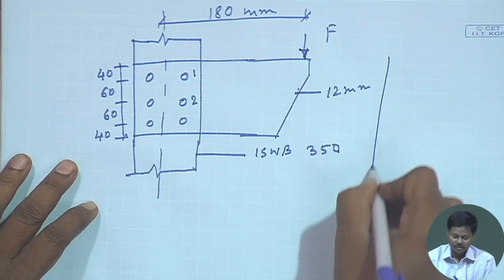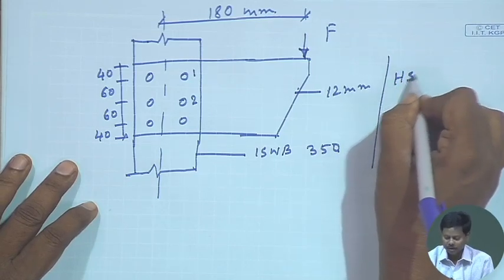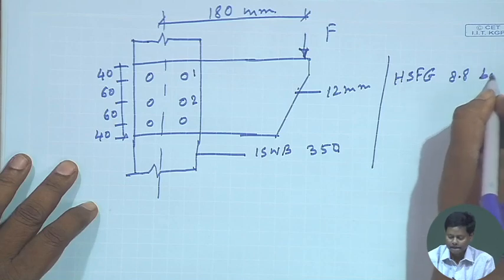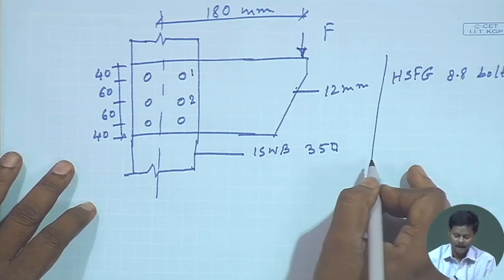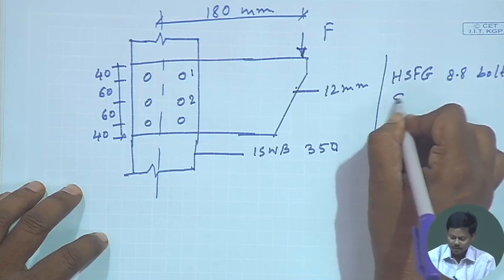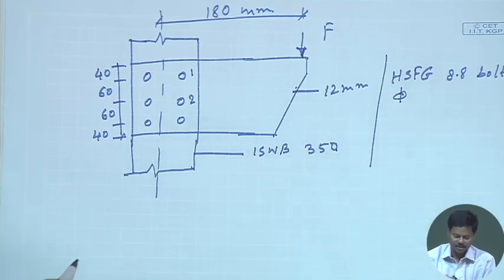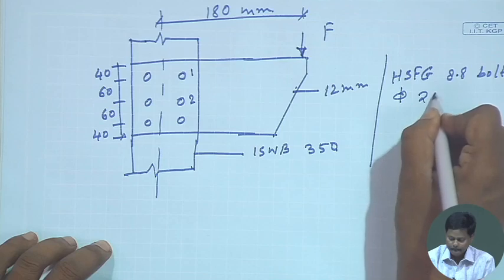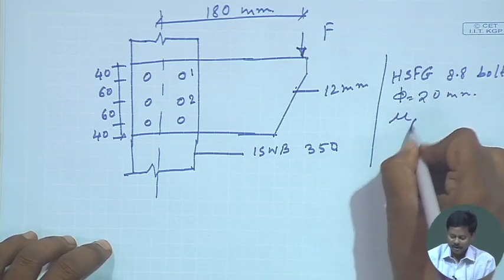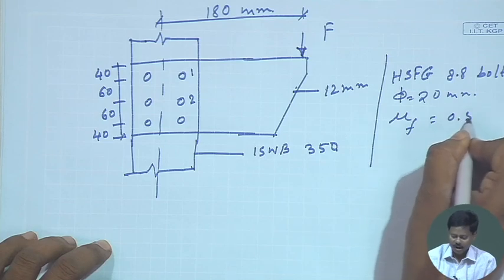Here we are using HSFG bolt, 8.8 grade bolt, the diameter of the bolt we are considering as 20 mm and mu f was given as 0.5.